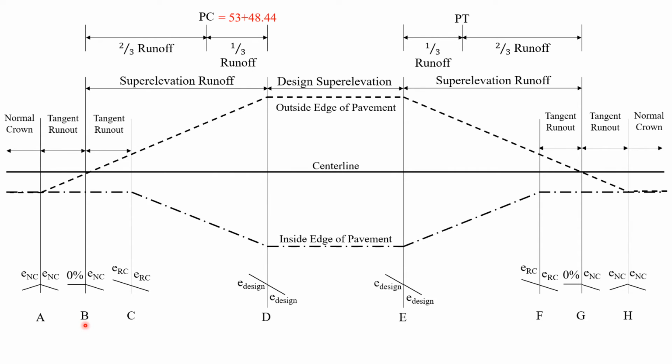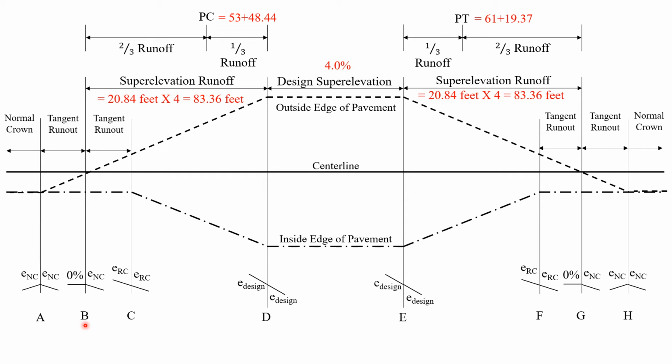So we can start plugging our information into this diagram so we make sure we understand how everything is related, so we can locate that 3.5% cross slope that we're asked to solve. PC of 53 plus 48.44, PT of 61 plus 19.37. We have our design super elevation of 4%, that's given, and we can see that on the design plans as well.